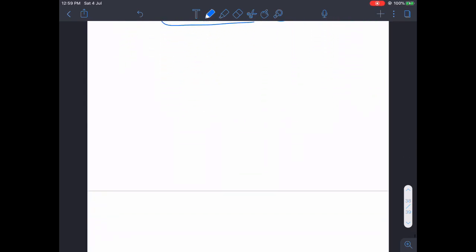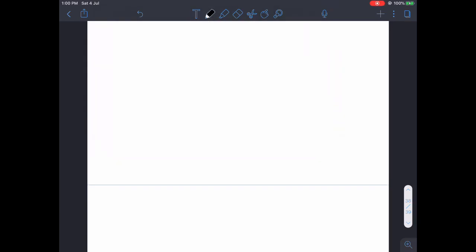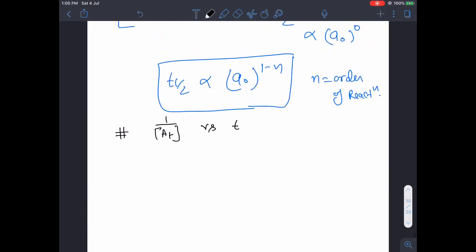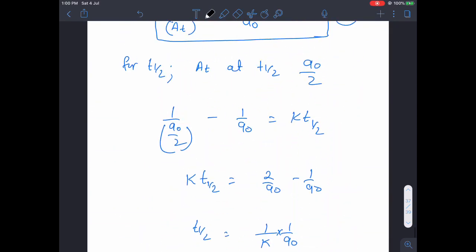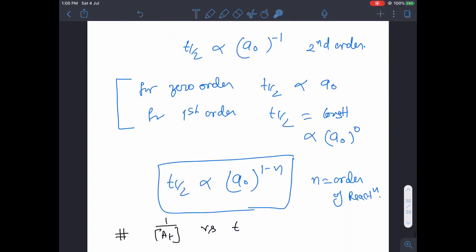Now coming to the graphical portion that are very common for this. So we can plot a curve of concentration of A, 1 by A, versus time. So what was the relation? Let me once again recall you. The relation of A with time was this one. 1 by A minus 1 by A0 is equal to kt.